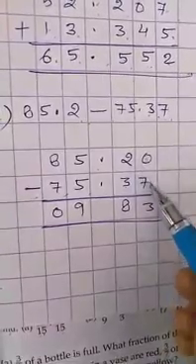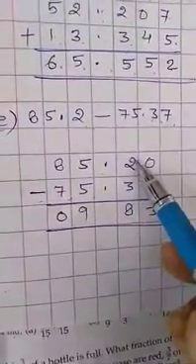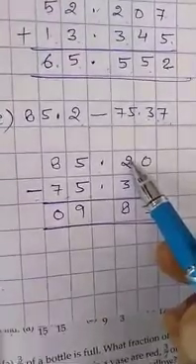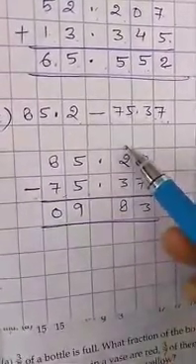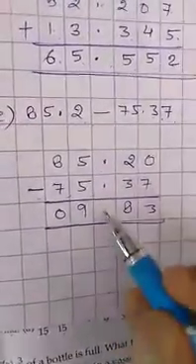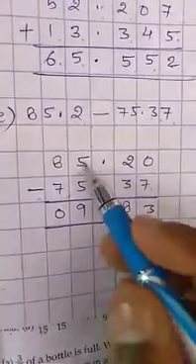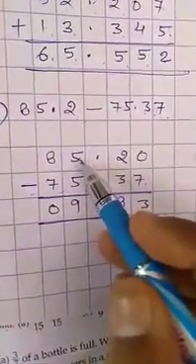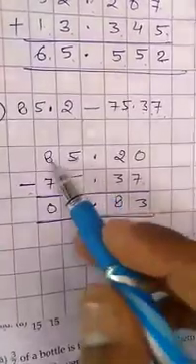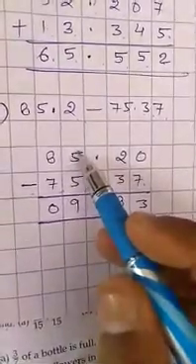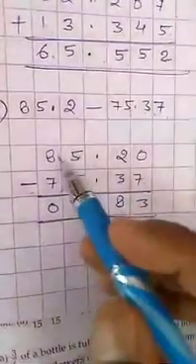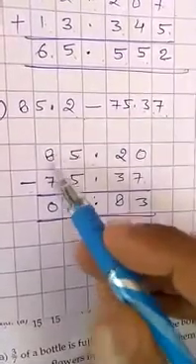It will be 10. 10 minus 7 is equal to 3. There is 1 left. We can't subtract 3 from 1, so we borrow from 5. It will be 11. 11 minus 3 is equal to 8. We write the point here. We can't subtract 5 from 4, so we borrow from 8. It will be 14. 14 minus 5 is equal to 9. Here 7 is left. 7 minus 7 is equal to 0. So the answer will be 9.83.